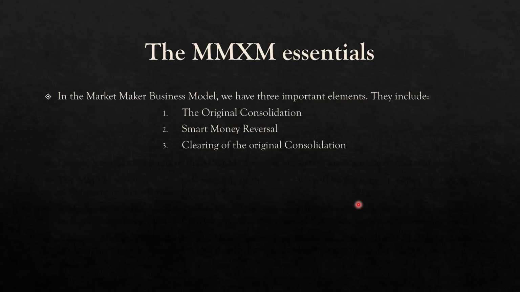Those areas tend to house the reclaimed blocks, which will be capitalizing on the other side of the marketplace or the curve. But for now, these are the three essentials that you'll focus on.